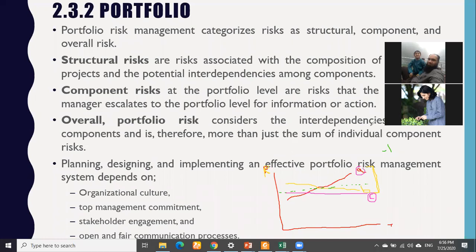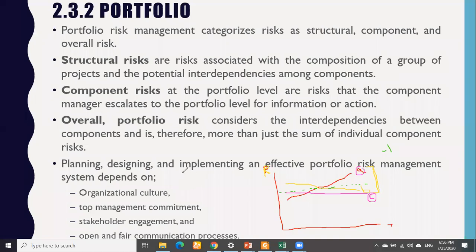Now let's suppose, for example, I am drawing another graph. Let's say these are the rewards, and these are different events over time. Now I'm taking, for example, there is A, whose performance is going like this, and there is B, whose performance is also going like this.